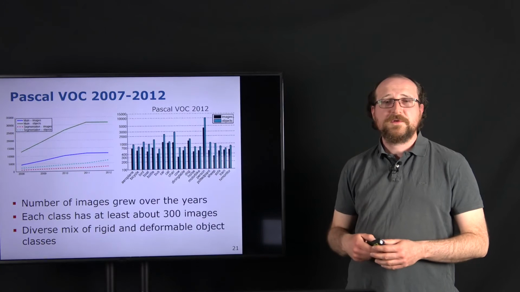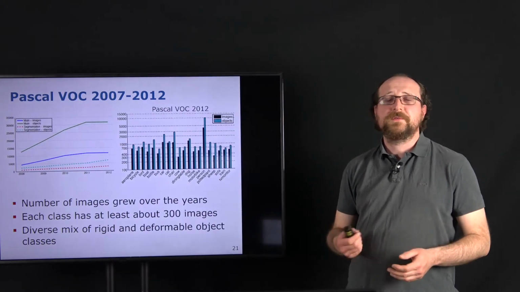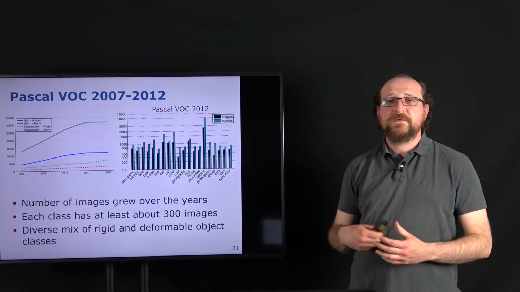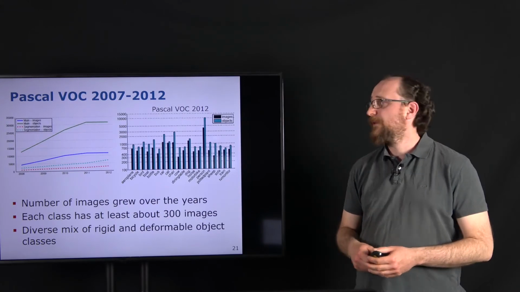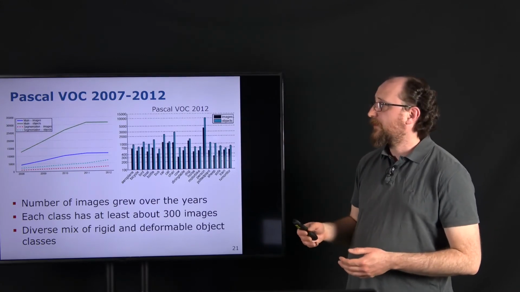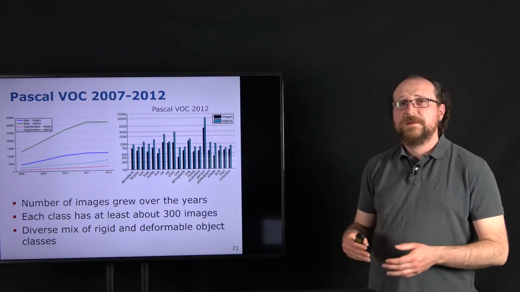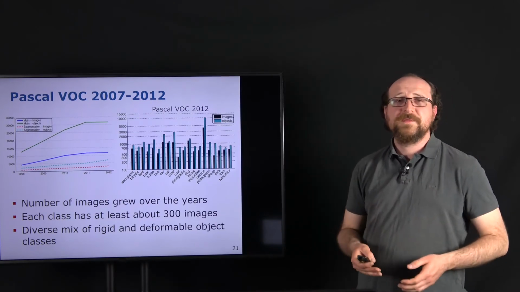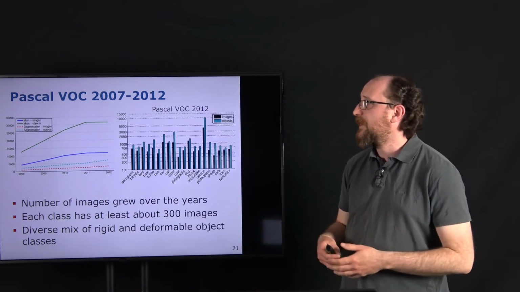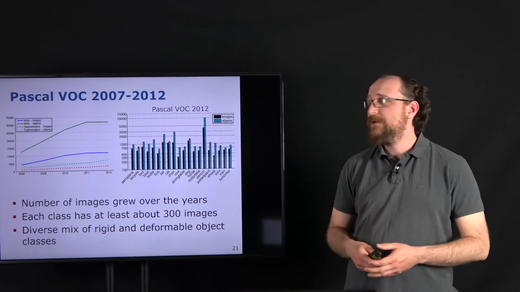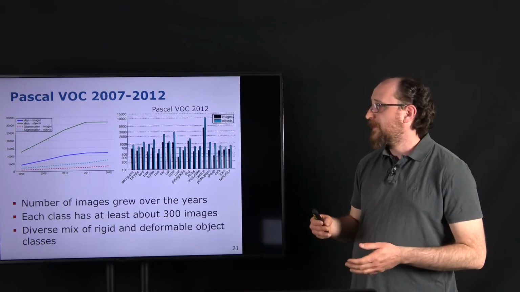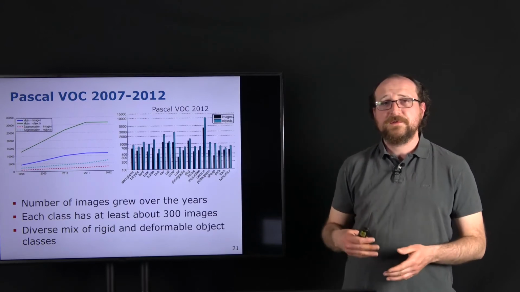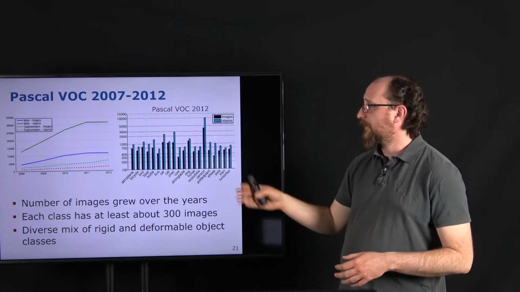The Pascal VOC challenges from 2007 to 2012 produced a dataset that was very often used. The special thing about the Pascal VOC challenge was that the number of training images was increased over time, and therefore also the complexity a little bit. For each class it featured at least 300 images, as you can see here in this histogram.